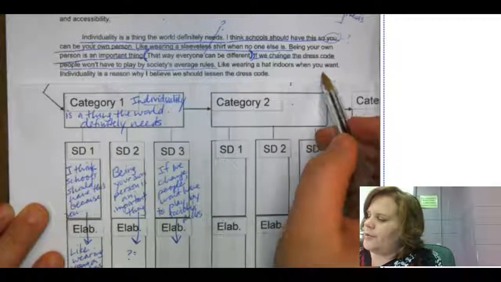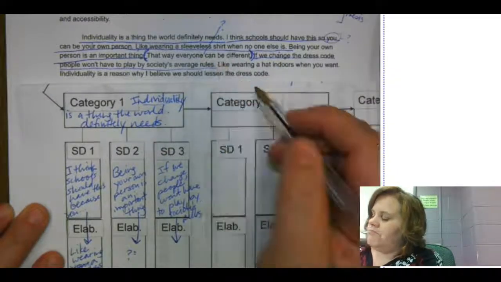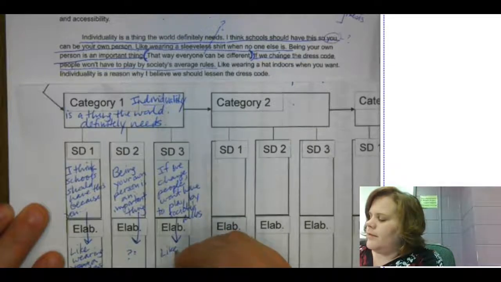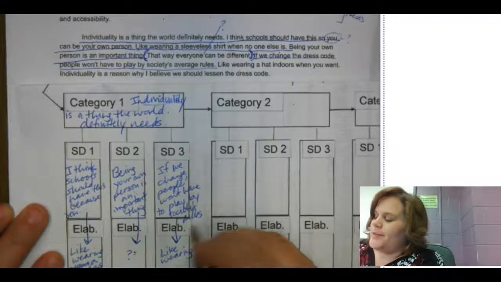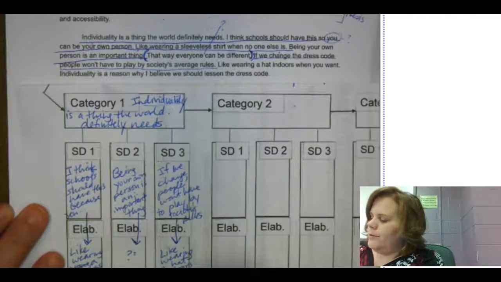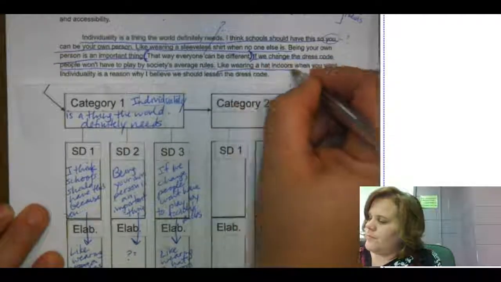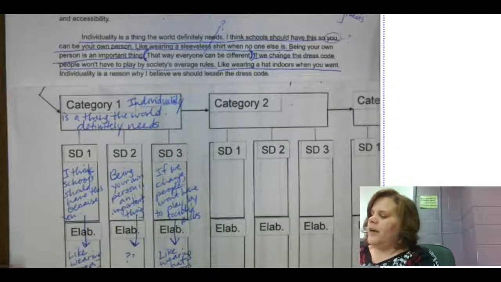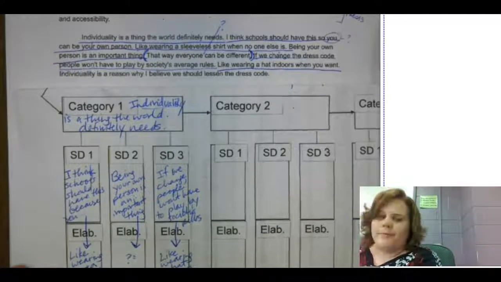Like wearing a hat indoors when you want. Okay. Again, sentence fragment. Not a great sentence, but it is an example of not playing by the rules. So we got that one.